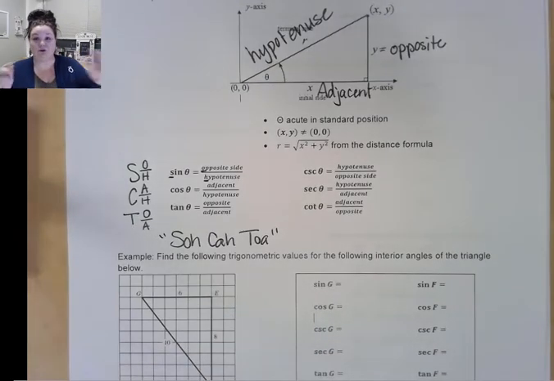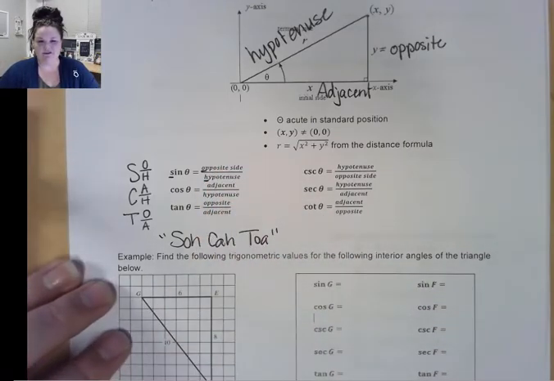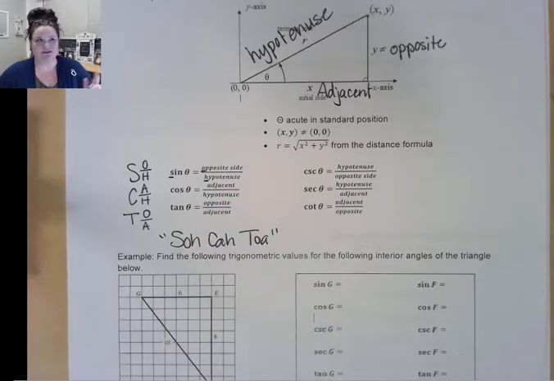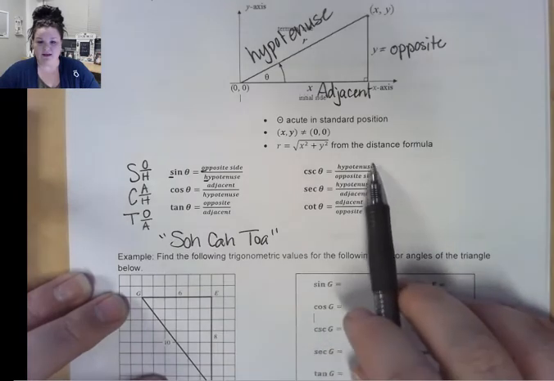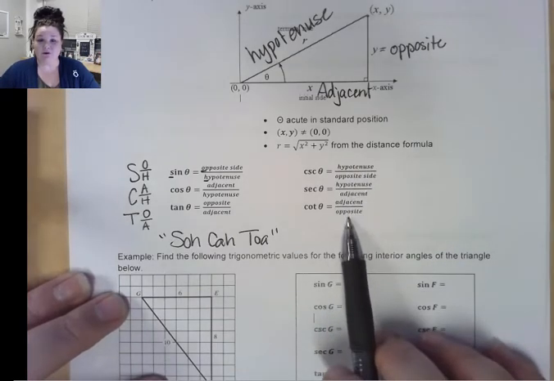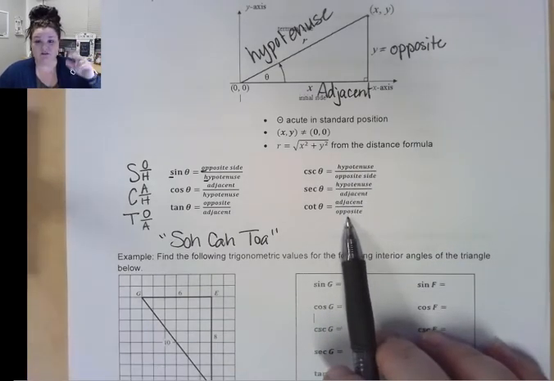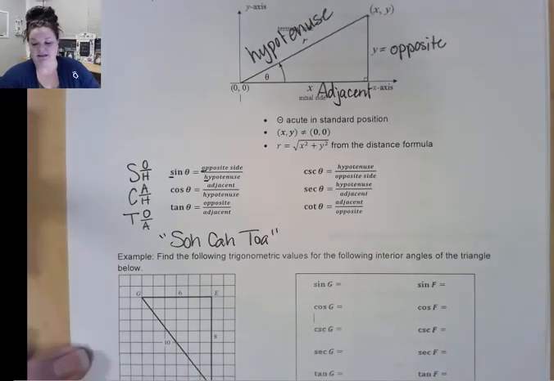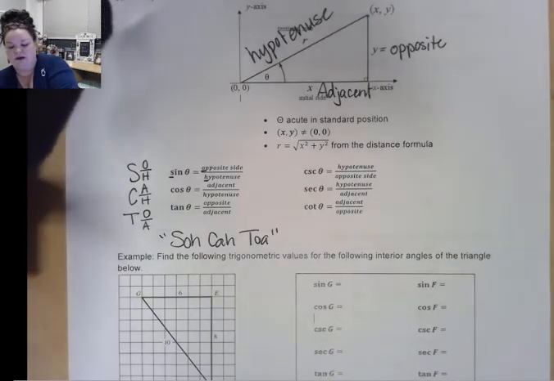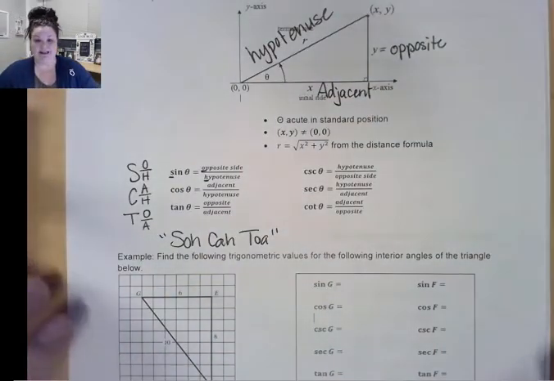If you can remember SOHCAHTOA, you should be able to come up with the first three, which is a little bit easier than remembering x over something, y over something, y over x, x over y. And if we can remember the order of those, then to do our reciprocal functions, we just flip them. All right, so let's practice with that new way of labeling.